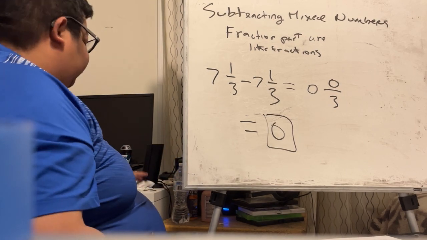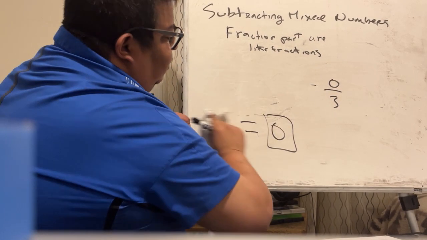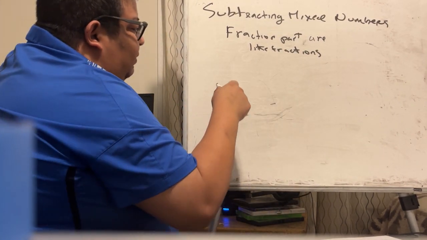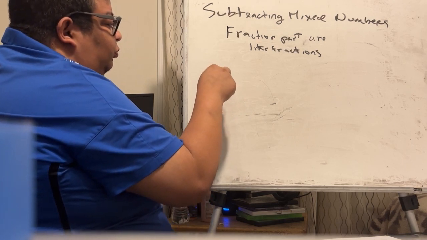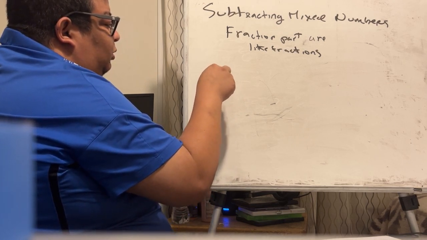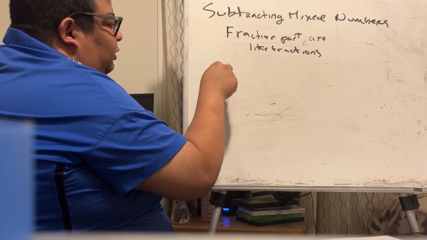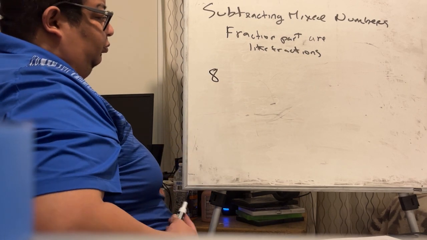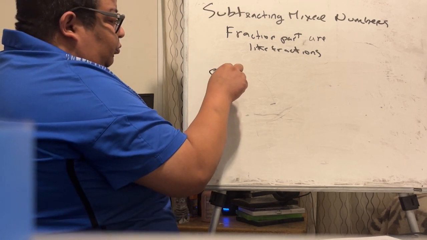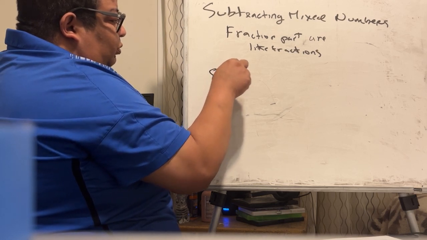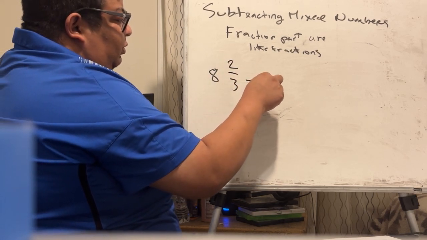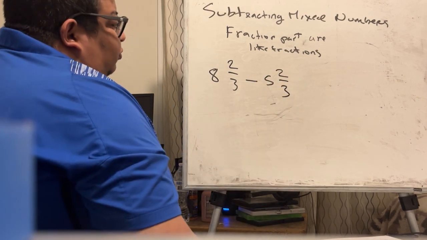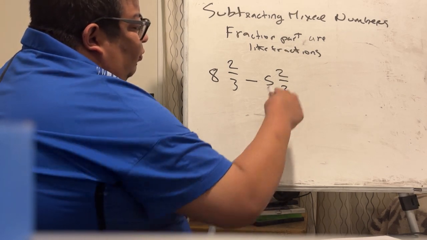So that's one case. The other case is when you get a whole number other than 0. For example, let's do 8 and 2/3 minus 5 and 2/3.